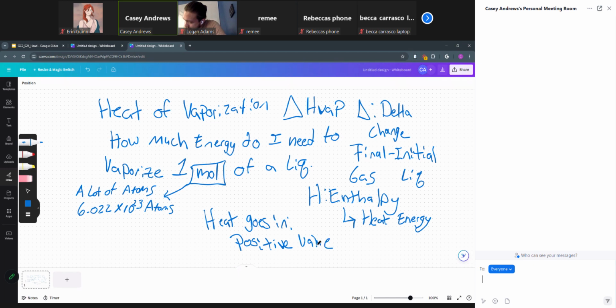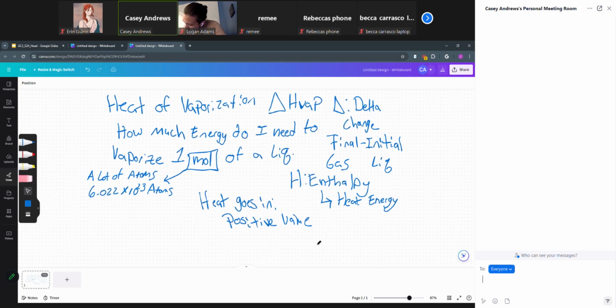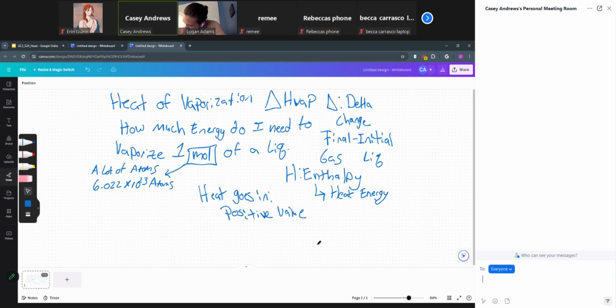Now let us tie this back to intermolecular forces, because that's our main topic for the first part of this semester. The stronger the intermolecular forces, is it easier or harder to vaporize something? It's harder.